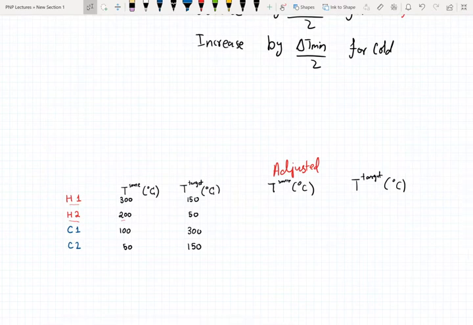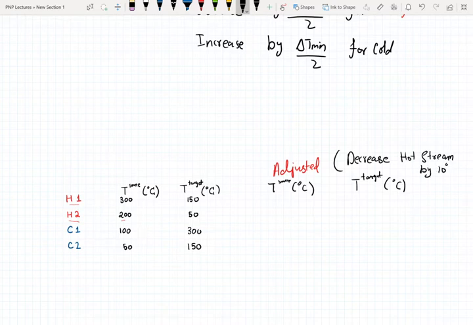So for the two hot streams, we're going to decrease the hot stream temperature by 10 degrees Celsius. So our 300 becomes 290, 150 becomes 140, 200 becomes 190, 50 becomes 40.